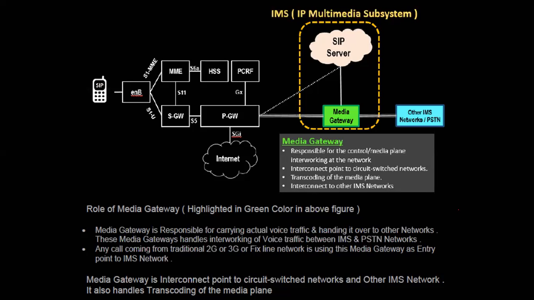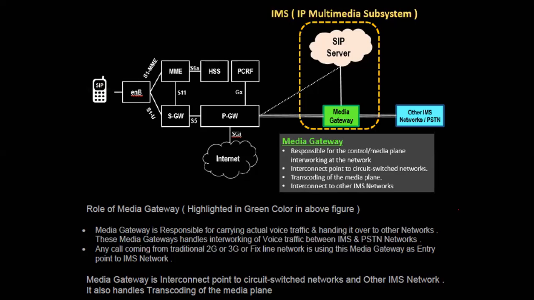Suppose your calling party A supports VoLTE, but your receiving party B does not support VoLTE. Even then your call is established. Like in a live example, Jio supports only VoLTE. So if you dial from your Jio phone to another Vodafone or Idea number, which only support CSFB, your call is established, but it takes some time.